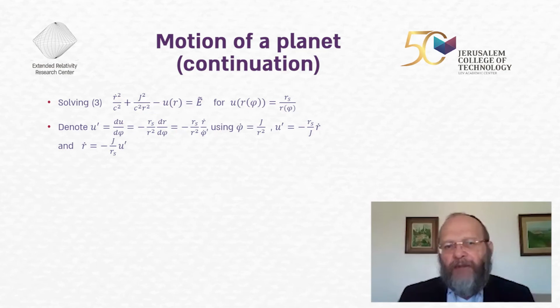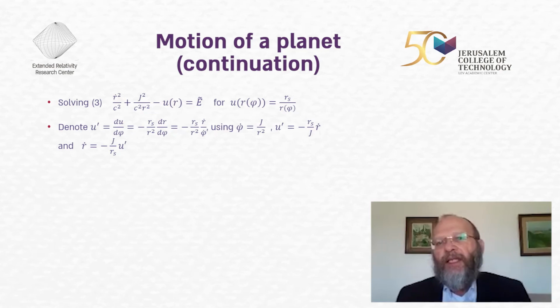And then dr d phi can be written r dot over phi dot, because we differentiate r dot is dr dt, and divide by d phi dt, you get dr d phi. Now phi dot, we know what it is. It's j over r squared. We substitute it, and we get that u prime is equal to minus rs over j, which is a constant, times r dot. So the expression which is written here is really a multiple of u prime.